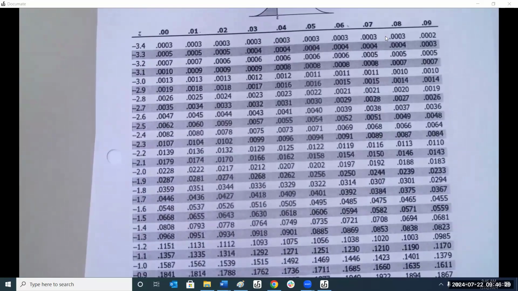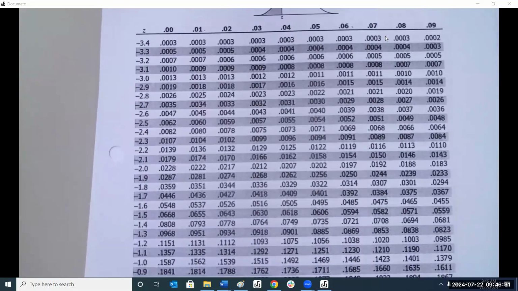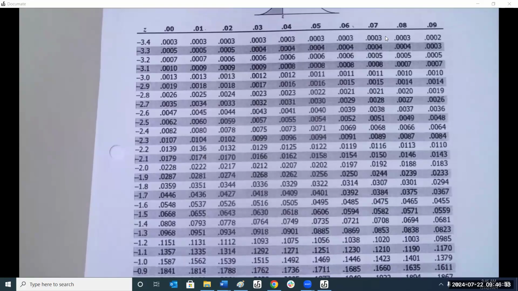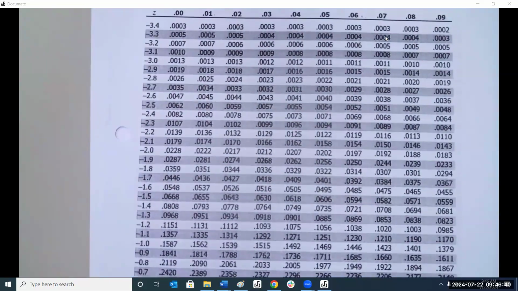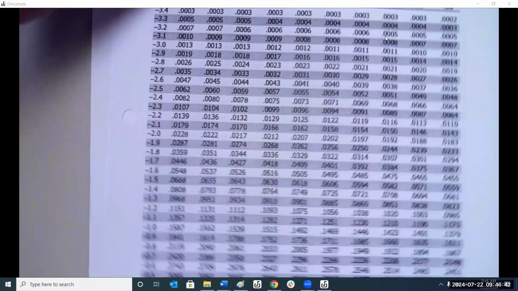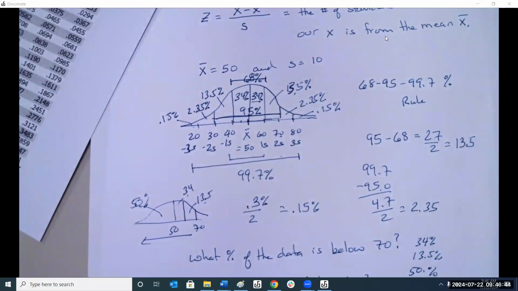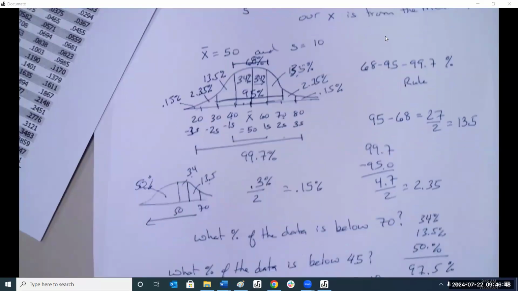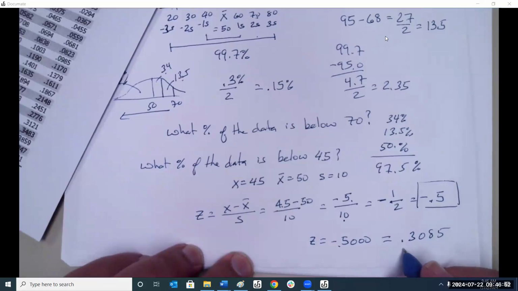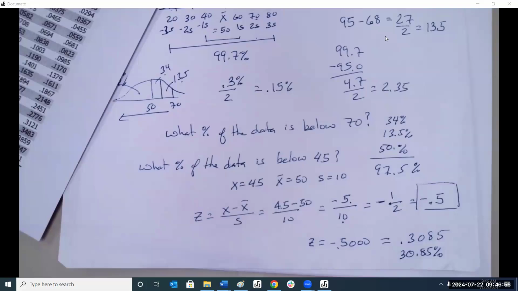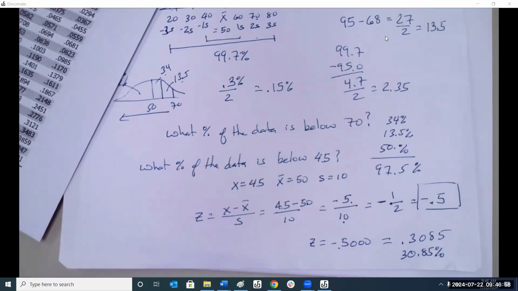These numbers inside here tell me the percent of the data. So it's 0.50, and I use this number, which is 0.3085. Make it into percent, that's 30.85% of the data are below that number.